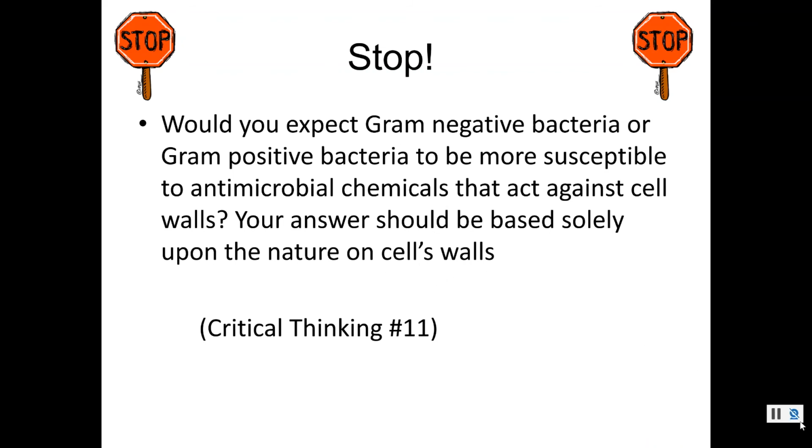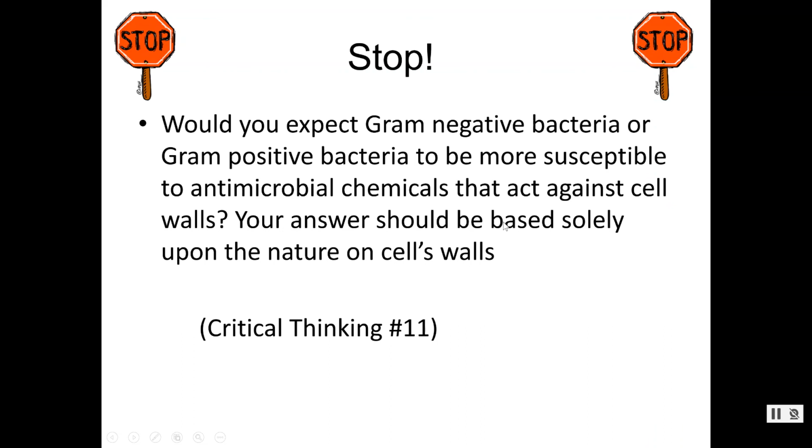All right, so what do you need to do to figure out this question? Well, first thing you need to know is what a gram-negative bacteria is and a gram-positive bacteria is. So you have to know that in your mind. Gram-positive: cell membrane, and then a thick layer of peptidoglycan. Gram-negative: cell membrane, thin layer of peptidoglycan cell wall, and then an outer membrane. This is a chemical that only acts against cell walls. So presumably, based on this question, it's not going to interfere with the outer membrane or the cell membrane.